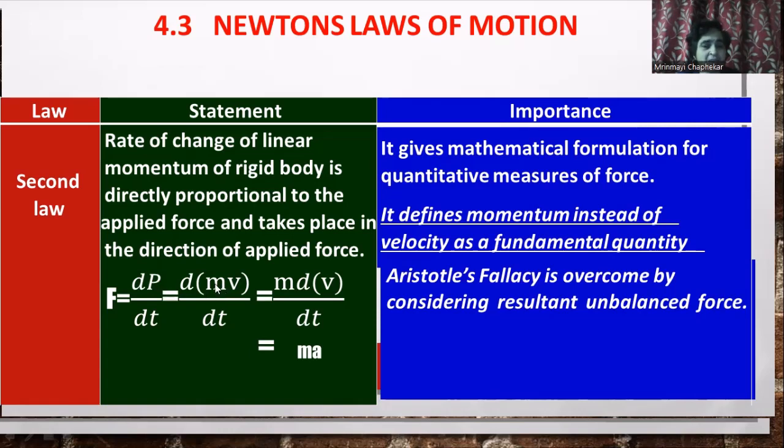Or if mass is constant, we can write dv is equal to 0, that means velocity remains constant. म्हणजे जर बॉडीवर ऍक्ट होणारा फोर्स 0 असेल तर त्याची वेलॉसिटी कॉन्स्टंट राहील. That is, velocity will remain same if force acting on the body is 0. This is what is Newton's first law.